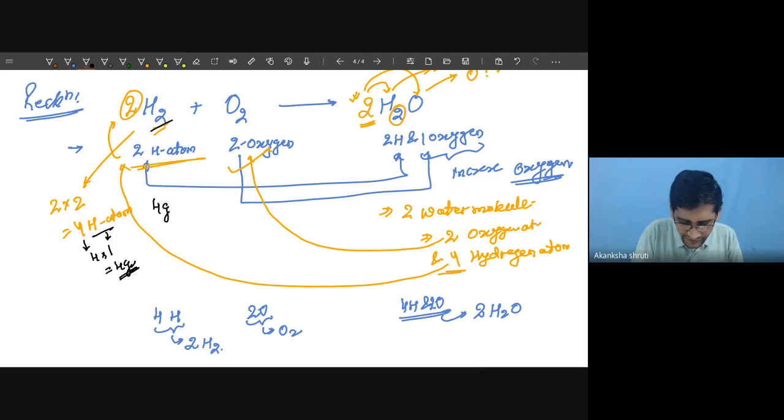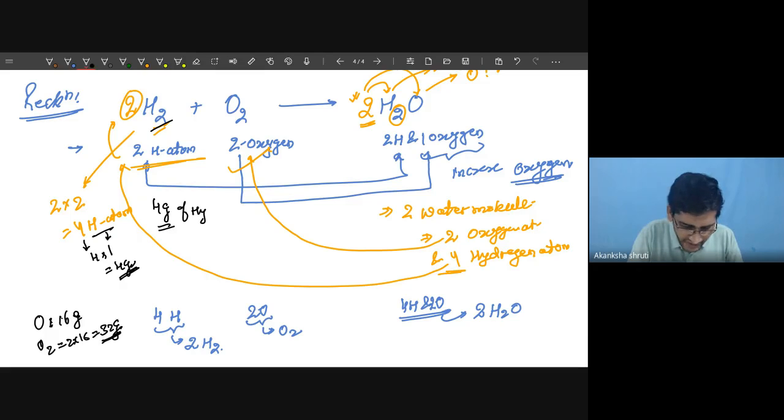So 4 gram of hydrogen has combined. It is found that one oxygen atom has mass 16 gram. Since O2 is there, 2 into 16, it is 32 gram.